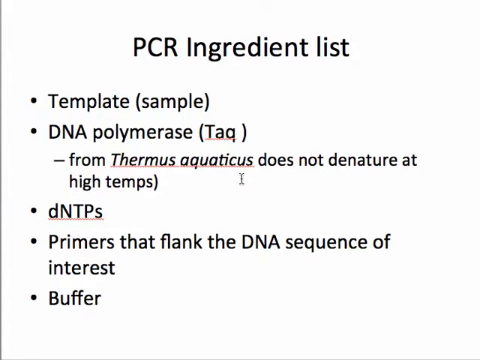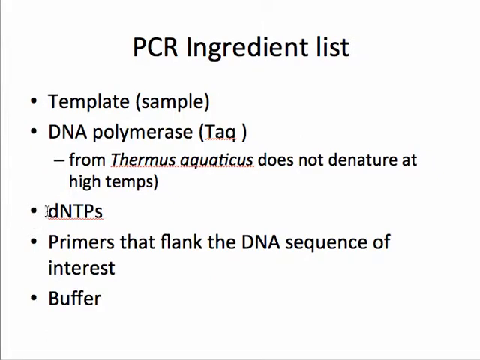Taq is expressed in an extremophile, a bacterium that lives at very, very high temperatures. So this Taq polymerase, since it's in bacteria that live at high temperatures, doesn't denature. That means it doesn't unfold at high temperatures, and that is key for PCR reactions occurring properly.